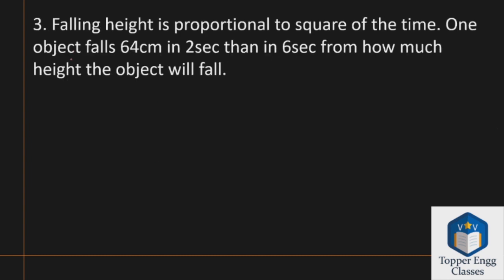Question 3. Falling height is proportional to the square of the time. One object falls 64 centimeters in 2 seconds. Then in 6 seconds, from how much height will the object fall? Okay, so we'll solve this.